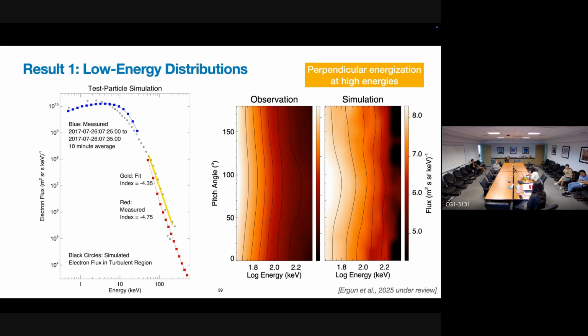On the other hand, when we look at higher energy particles, they're experiencing much higher perpendicular energization. So there are different mechanisms that work on particles of different energy. They're not always undergoing the same mechanism.